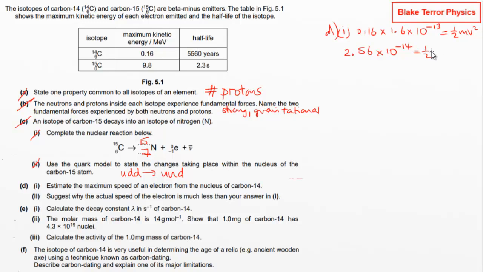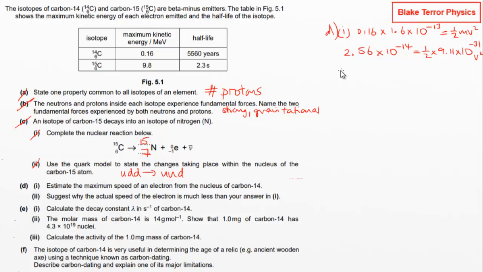I reckon it's 9.11 times 10 to the minus 31 multiplied by v squared. I'll just double check that is the mass of the electron. Where's my list? Yep, it is. Excellent.